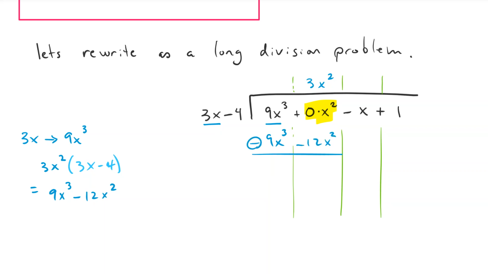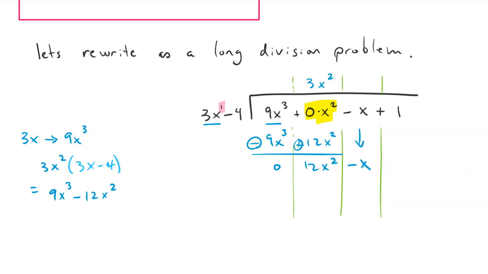We change our signs and add, or in other words, if you want to say we subtract, that's fine also. 0, 12x squared. Now we pull down the next line and we ask ourselves, can we stop?